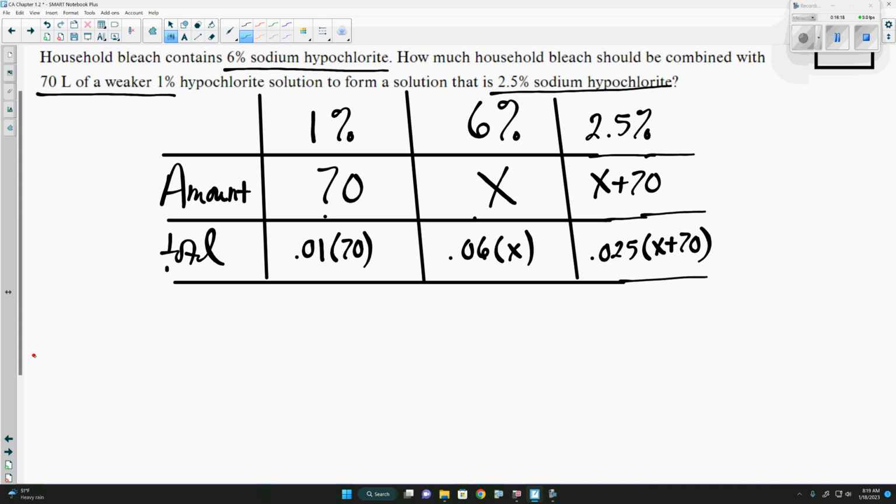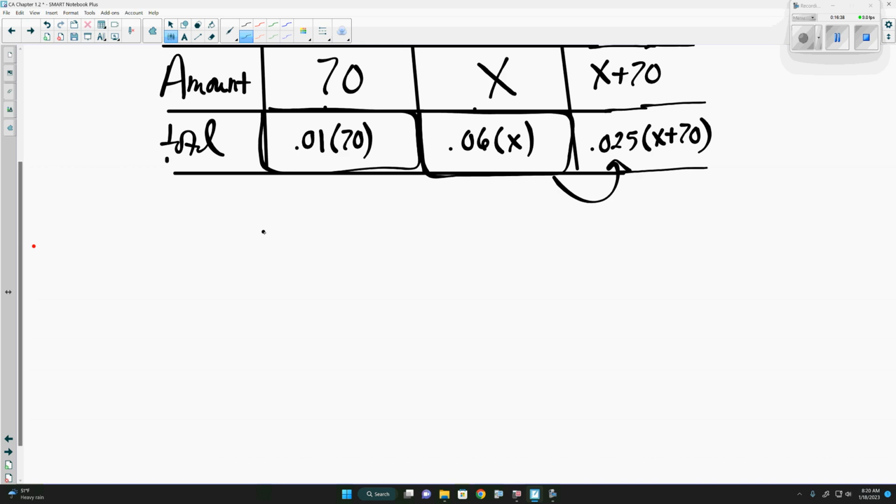Questions on any of this here? Well, we know that the bottom two, this one here and this one here, should add together to give us this here, yes? So 0.01 times 70 plus our 0.06x should equal 0.025 times x plus 70.